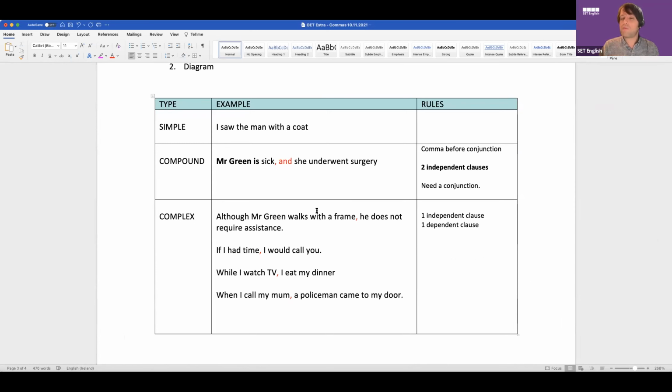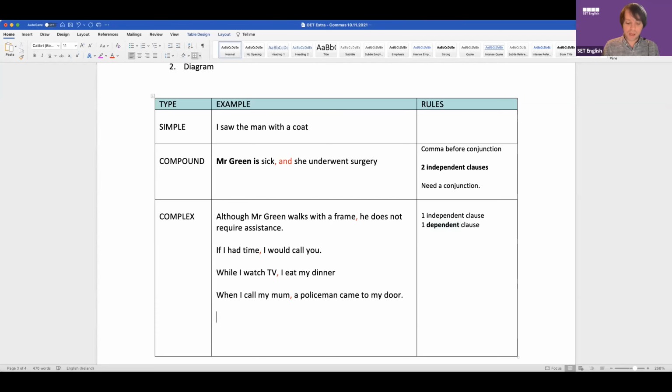Okay. What about relative clauses? Is a relative clause a compound clause or is it complex? Complex, because one of them is dependent, right? So imagine I said to you guys, "who is a nice man" or "that is a nice man." Does that make sense?